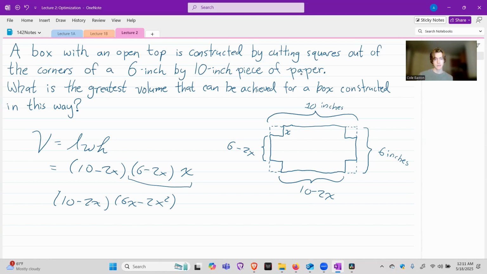So 10 times 6x is 60x. 10 times negative 2x squared is minus 20x squared. Negative 2x times 6x is negative 12x squared. And negative 2x times negative 2x squared is positive 4x cubed.